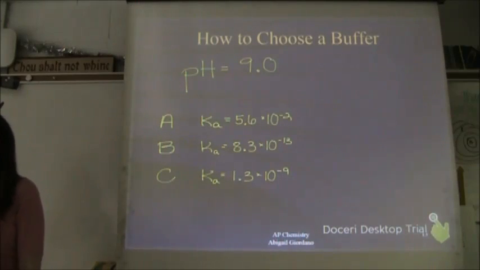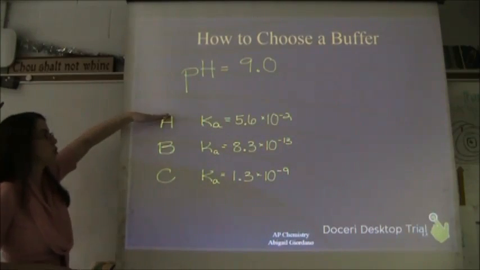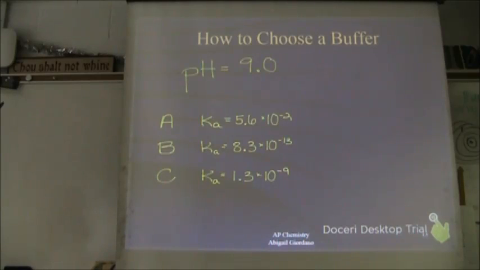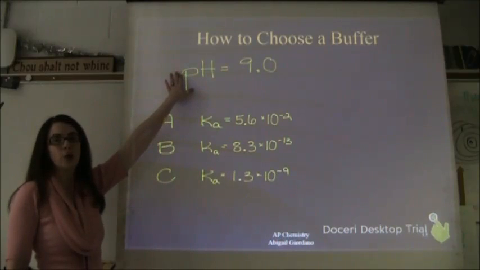Let me say that one more time. If you are given some desired pH and you're supposed to choose a buffer system, you want to choose the one whose pKa is closest to that desired pH. Now don't pick up your calculators. Put them down.